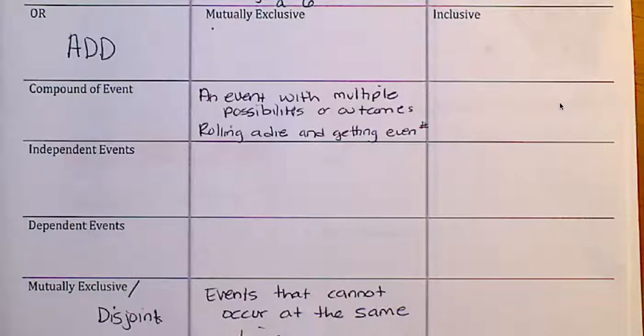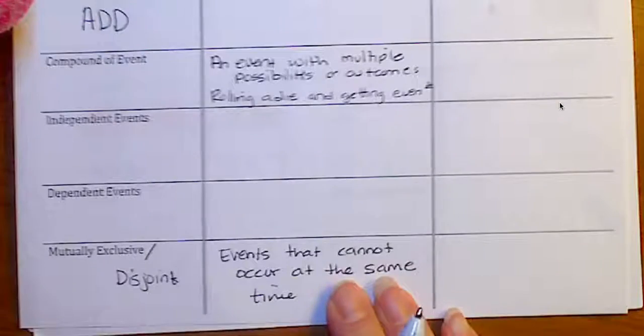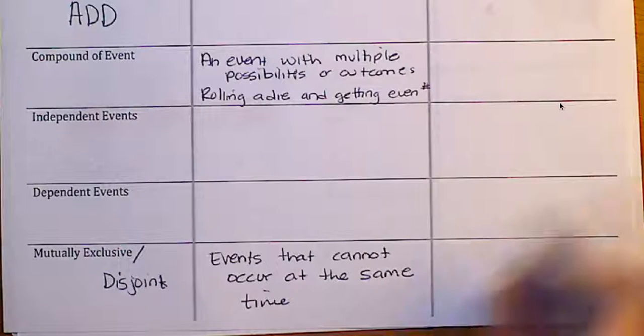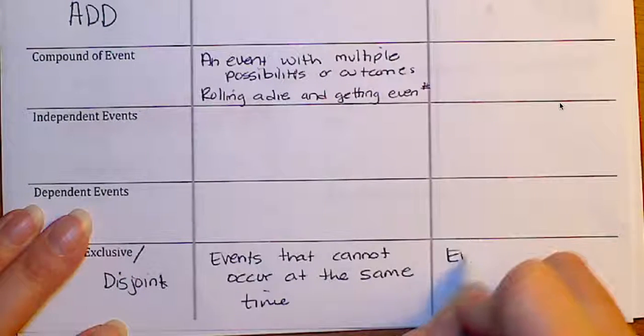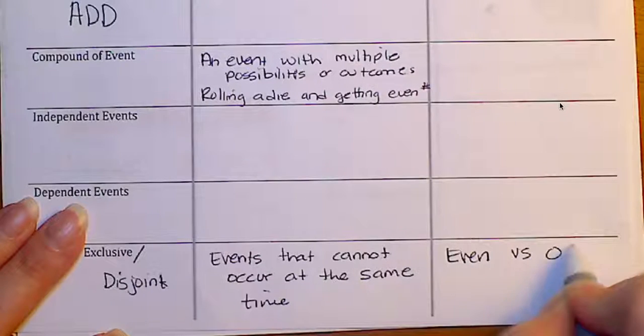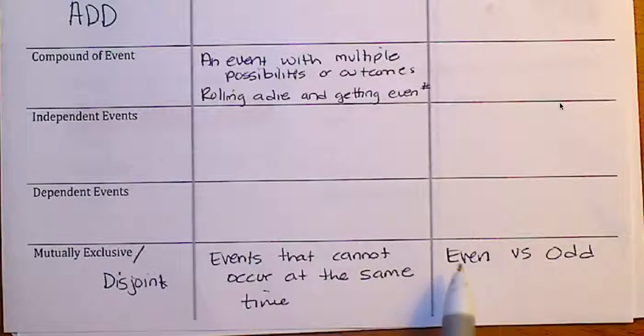So, for example, you can't be even and odd at the same time. You are either even or you're odd. So, for example, even versus odd. Okay, these are mutually exclusive.